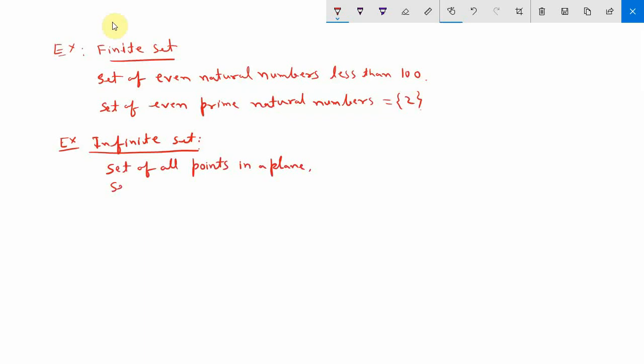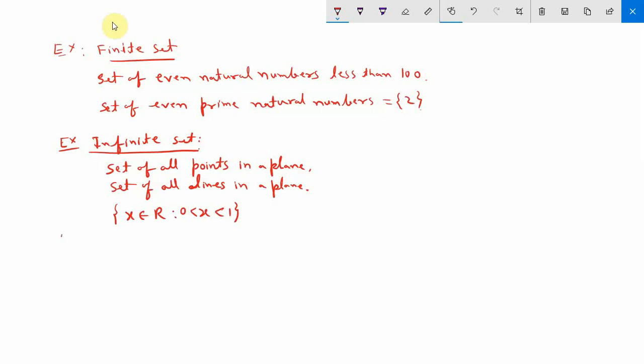Set of all lines in a plane can also not be listed. Or in set builder form, x is an element of R and 0 is less than x less than 1, as there are infinite real numbers between 0 and 1. So this is also an infinite set.